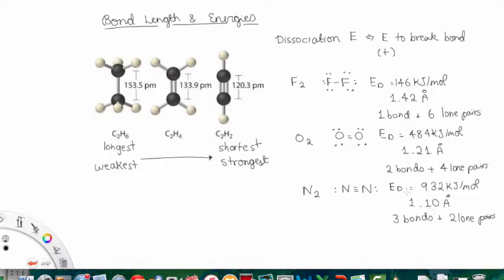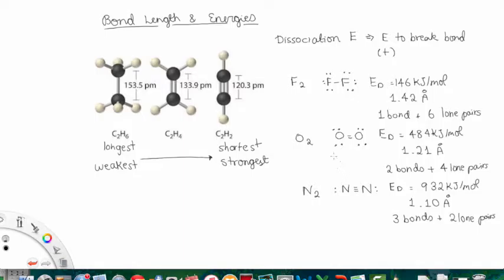is that, in addition to this trend, I also wanted to mention lone pairs. Lone pairs on neighboring atoms repel each other, because electrons are negatively charged and repel the electrons right next to them. A higher number of neighboring lone pairs also weakens the bond.